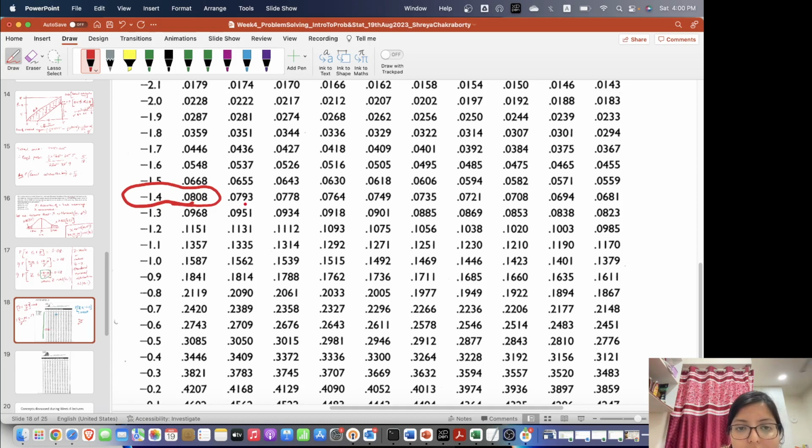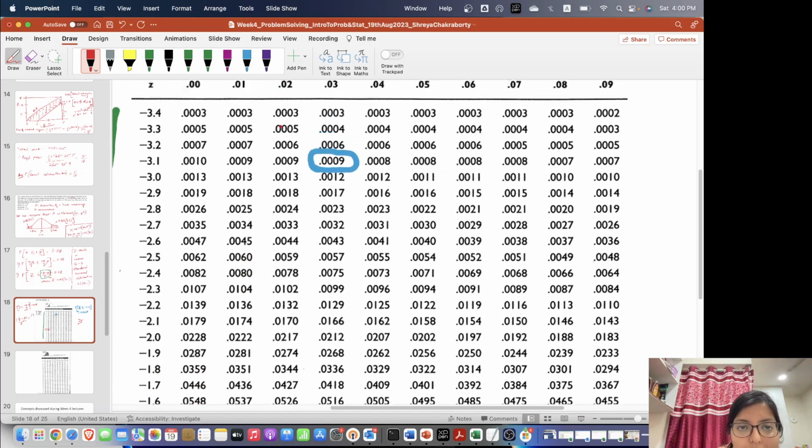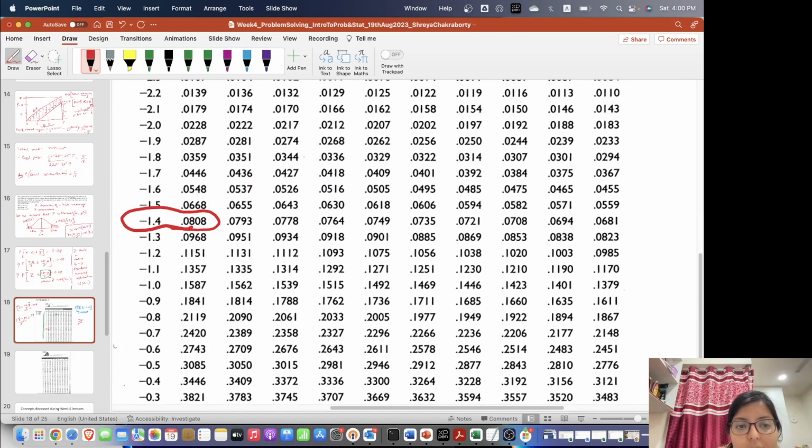I think that is closer to 0.08, no? No, we have to choose a point which we can choose. This one is minus 1.41, but it has not yet touched 0.08. No, I am not saying that. Just on the right side it is 0.0793. I think that is closer to 0.08, no?